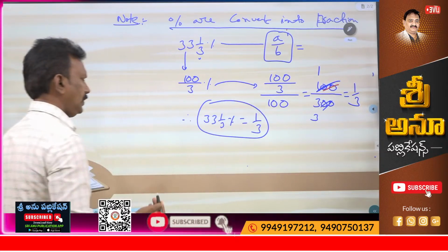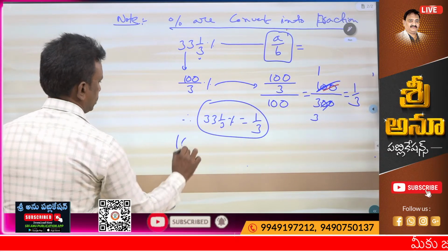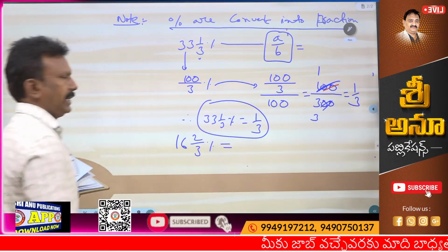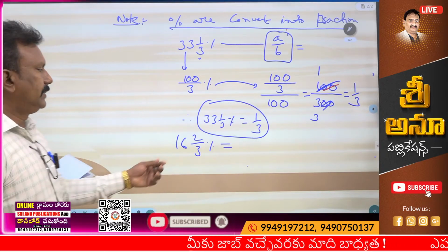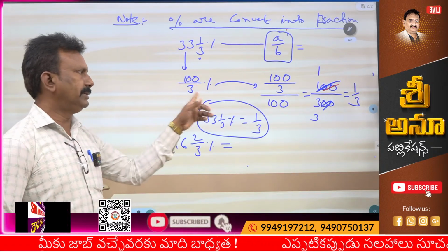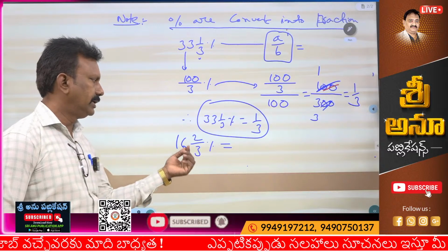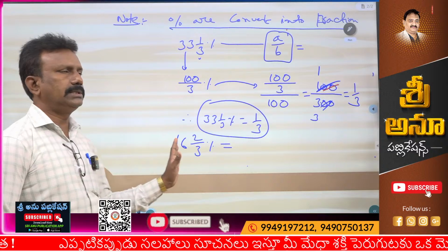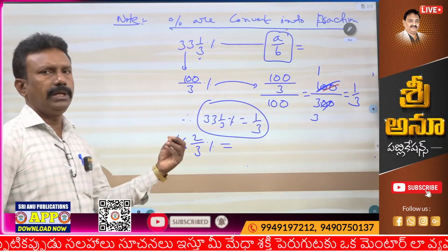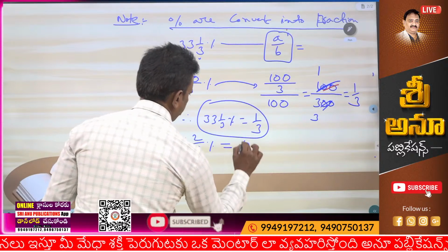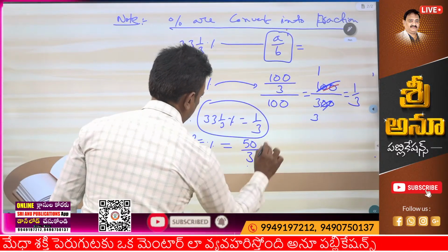Next, 16 2 by 3 percentage. What is the equivalent fraction? It is an easy one. We follow the same steps for 16 2 by 3. So 16 into 3, 3 sixteens are 48, plus 2, 50, so 50 by 3. Our first step is 50 by 3 percentage.